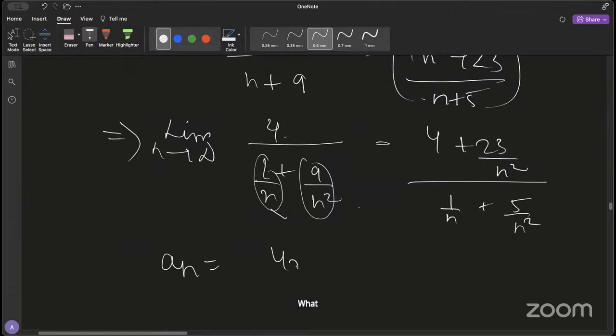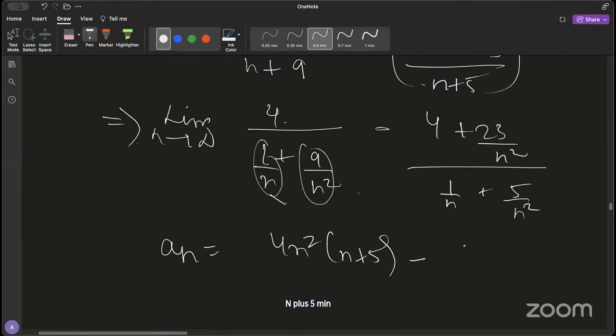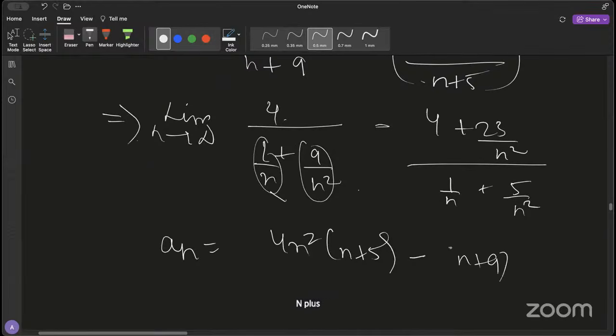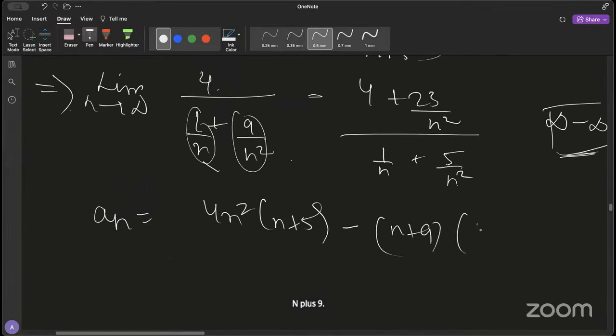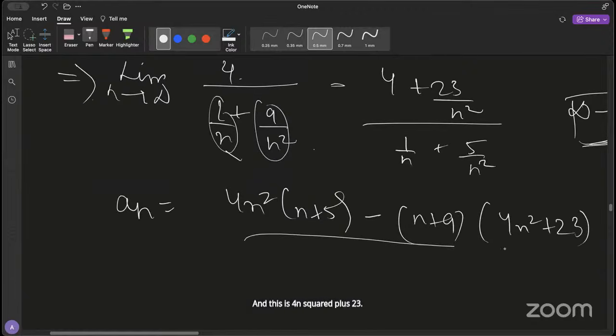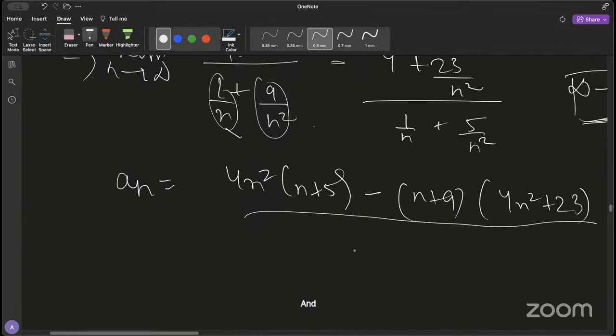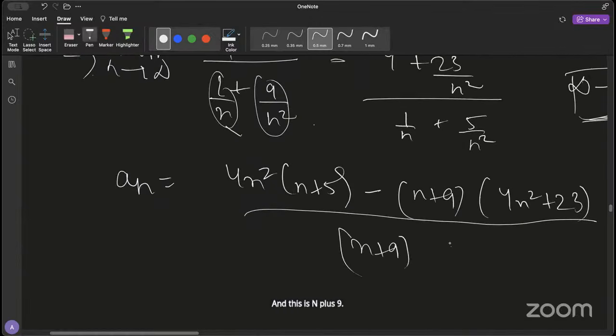What will we have here? 4n square, n plus 5 minus n plus 9. And this is 4n square plus 23. And this is n plus 9, n plus 5.